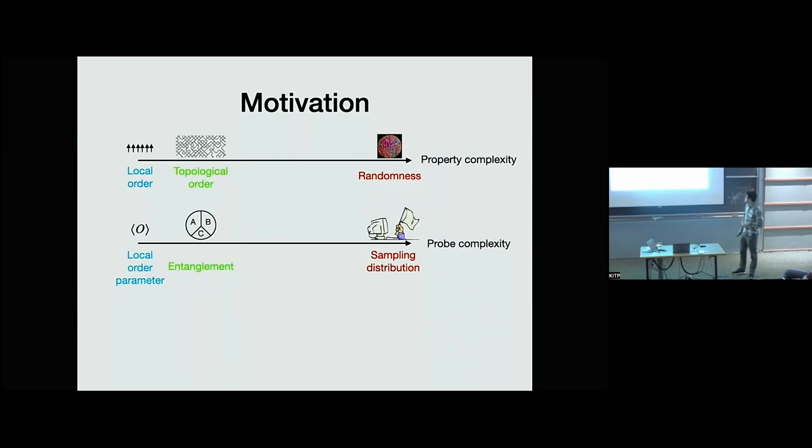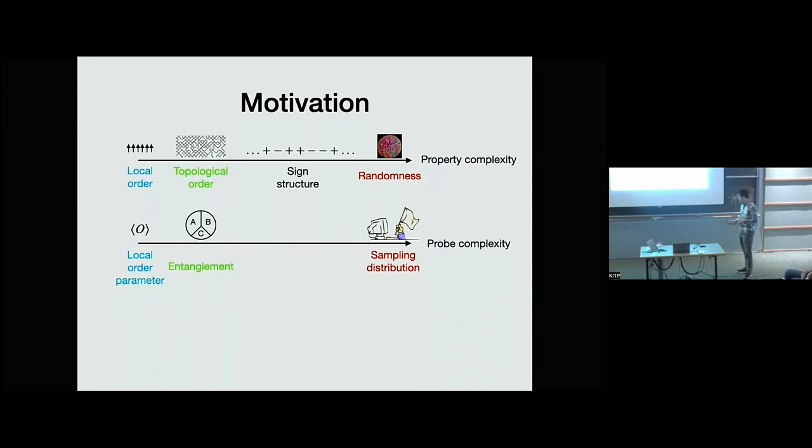So in the spirit of this conference of trying to bridge together these two sides of computational complexity and condensed matter physics, quantum information, this talk is about an intermediate property, sign structure, which clearly has computational roots, but is also physically relevant.